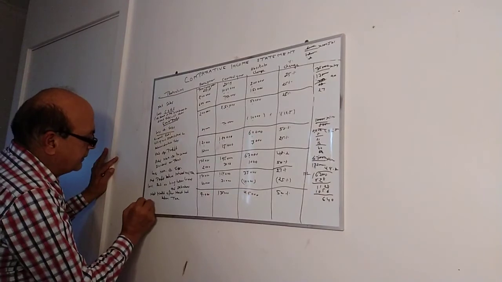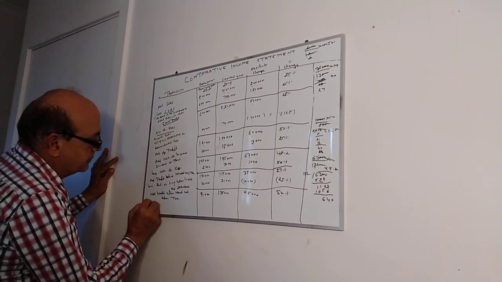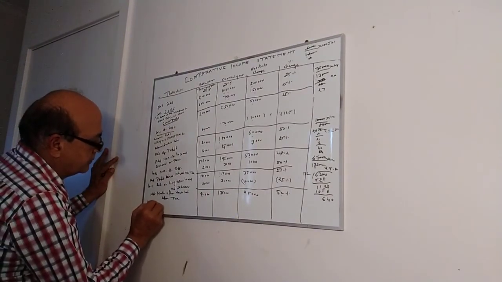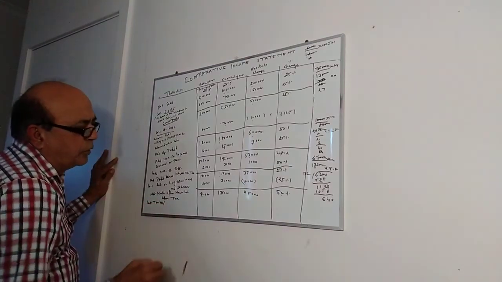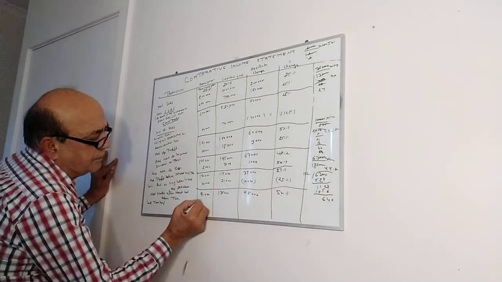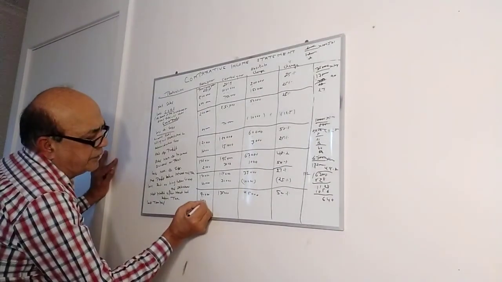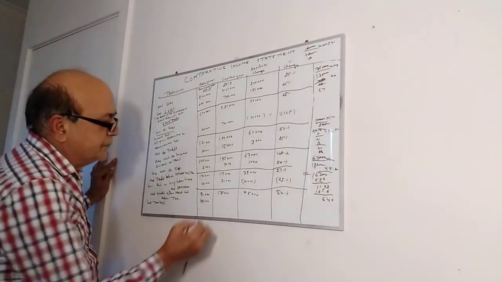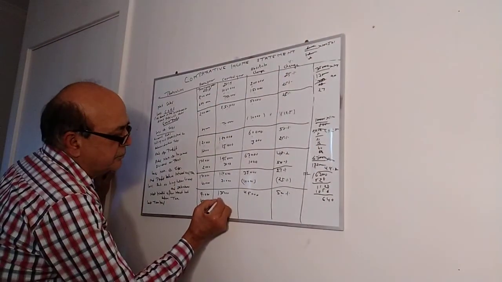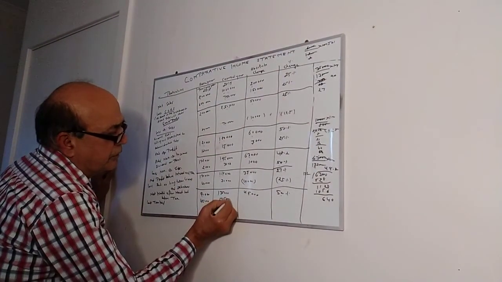Less tax paid. Suppose the government charges 50% tax. Here 45,000. Here how much would it be? 67,500.